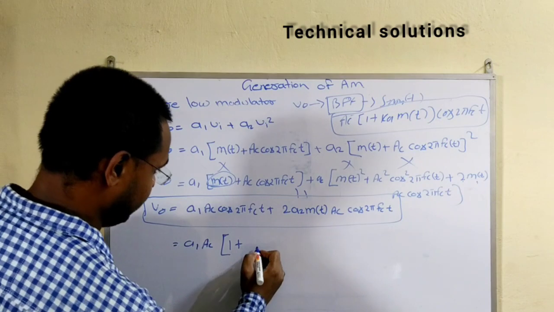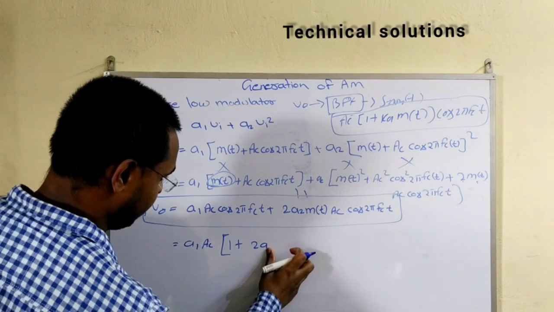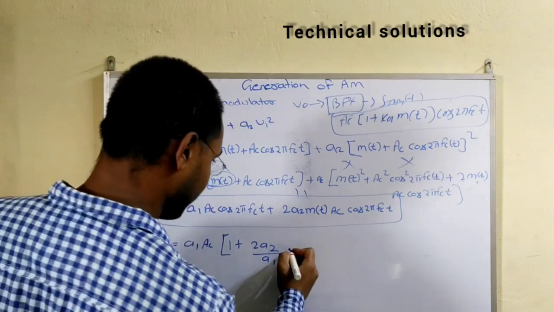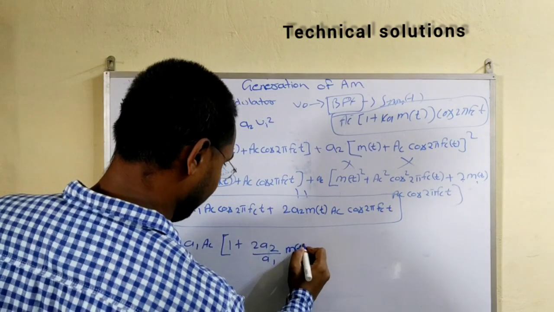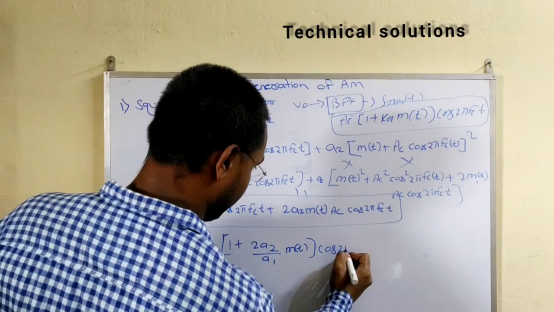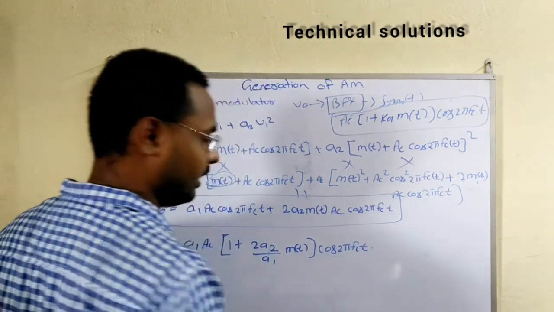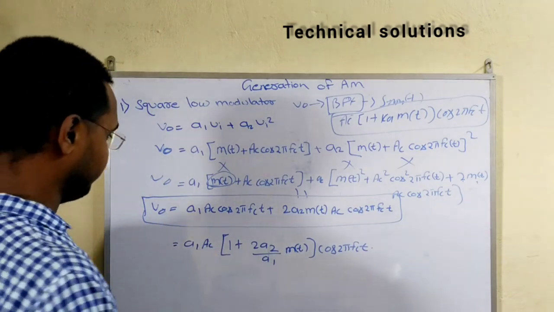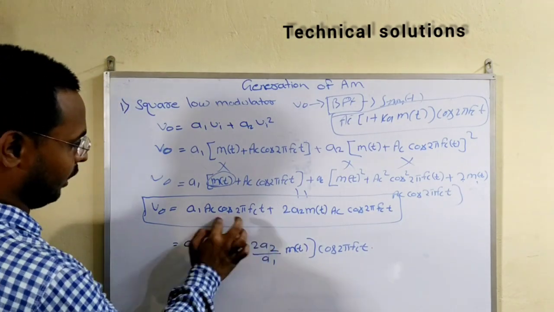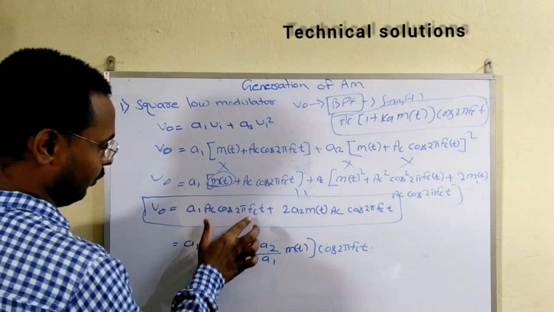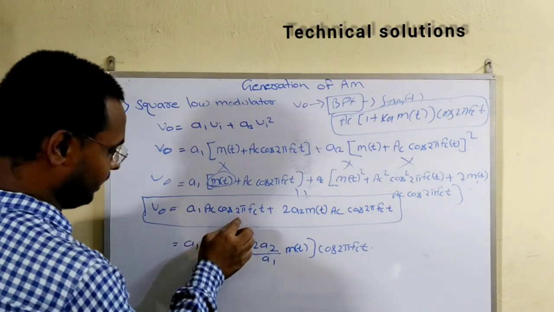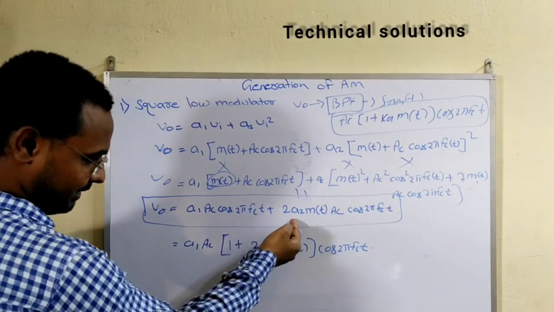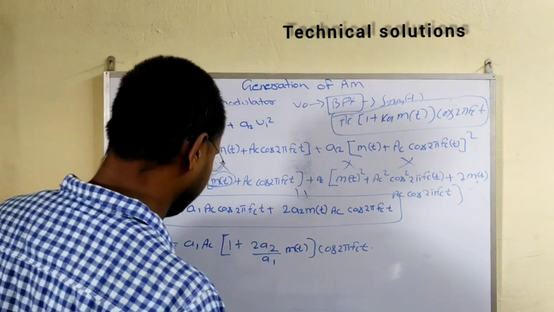Here 1 plus 2A2 by A1 into Mt cos 2 pi Fct. Okay, now it is clear to me. A1 AC we take common, and cos 2 pi Fct. Fine. So what is the remaining term? 1 plus 2A2 by A1, because A1 is not present here, and Mt cos 2 pi Fct.